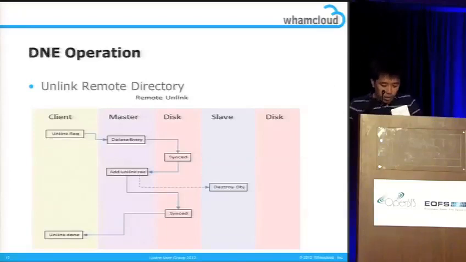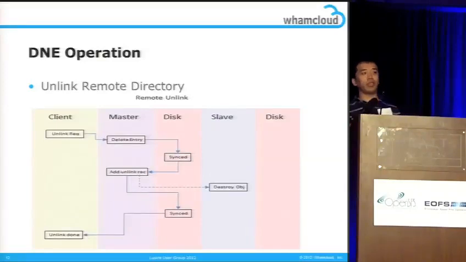The next page is about unlink remote directory. It's also synchronous, but slightly different here. The client sends the unlink request to the master MDT, and the master MDT will delete the entry first, and at the same time add the unlink log locally. Both of them need to be synchronous.